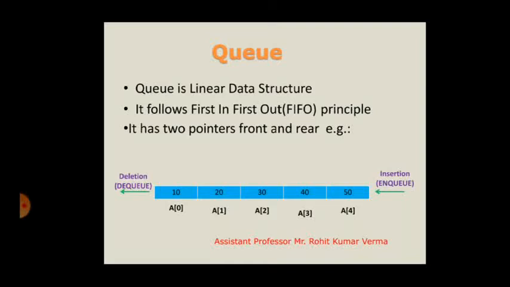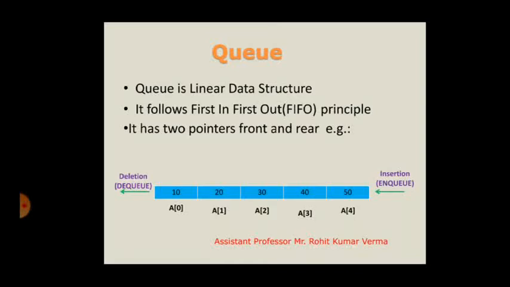So whenever we want to delete an item from the queue, we are using DQ operation. Here in this image you can see at insertion side we have our rear end and at deletion side we have our front end.